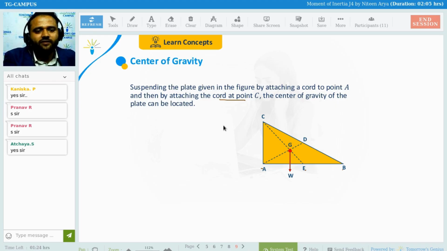Clear now? Means basically for this particle, for this point, even for this and for this, if I attach a string or any wire, the weight is going to be balanced from this point.